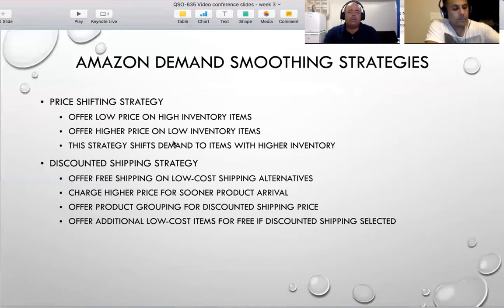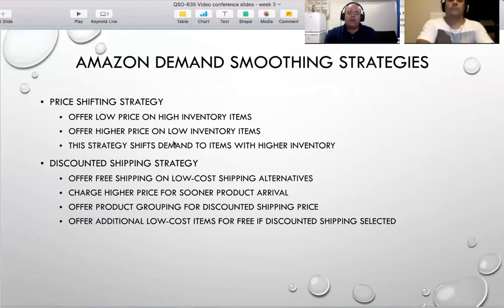The first thing is a price shifting strategy, and I've actually seen this personally. Earlier I was looking at routers, so I typed in router and it showed a D-Link router, and it said, hey, here's the one that you're looking for. But hey, we have one that's a little bit better that actually costs less.